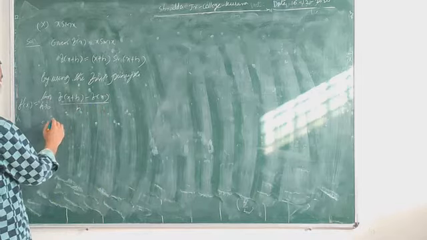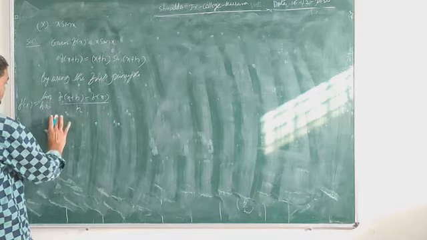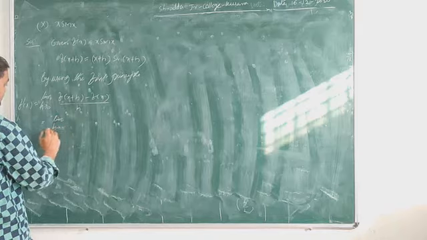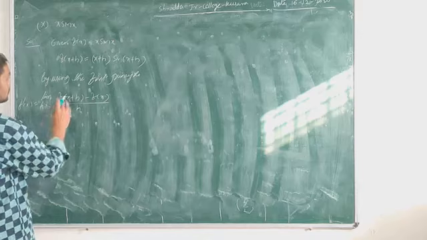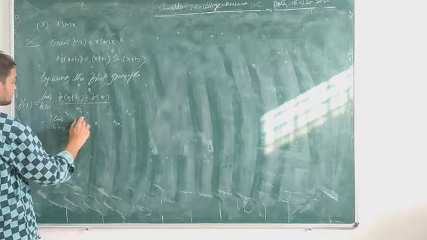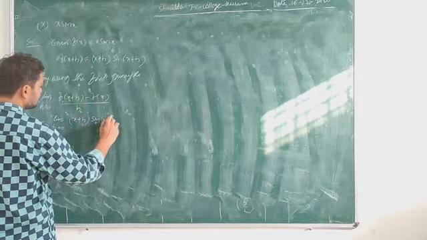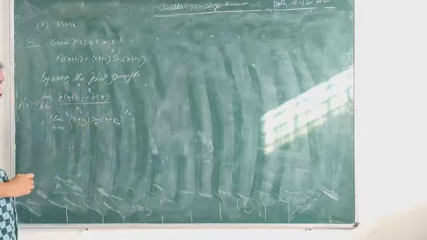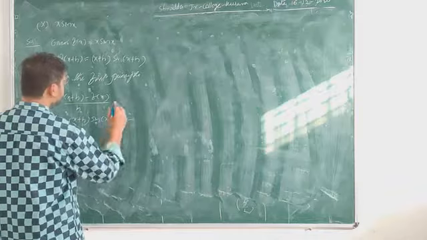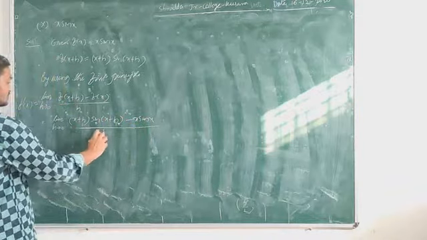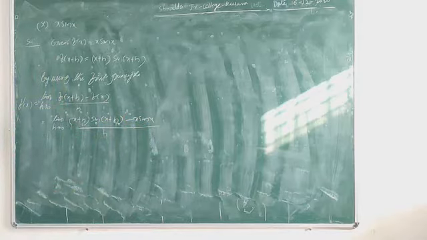Now this is limit h tends to 0. What is f of x plus h? x plus h into sin of x plus h, minus what is f of x? x sin x, by h.